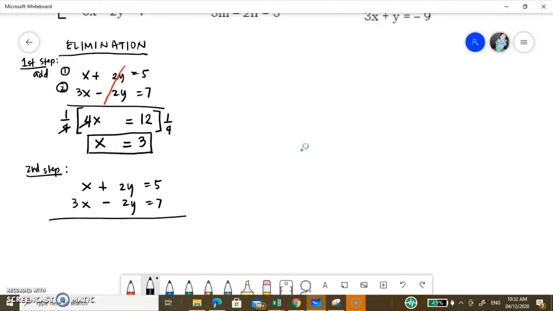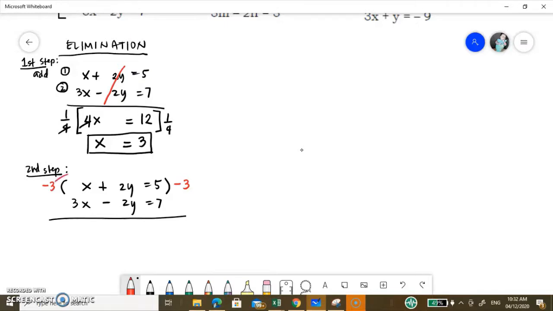Diba? Kailangan ang numerical coefficients niya ay opposites. Right? So, etong x, ang numerical coefficient niya ay 1. So, kailangan natin siyang magiging negative 3. So, for that to become negative 3, ang numerical coefficient ni x, magmumultiply tayo ng negative 3 to both sides of the equation. So, it won't change the value of our equation. It won't change the equality kasi kung anong ginawa natin sa isang side, ginawa rin natin sa kabila.